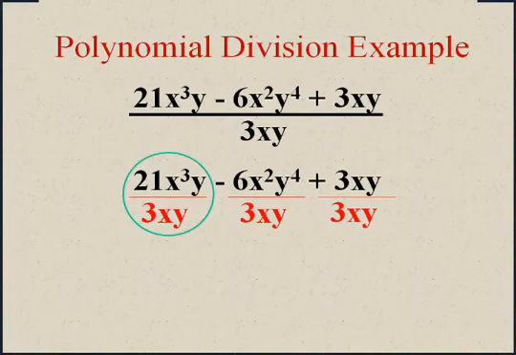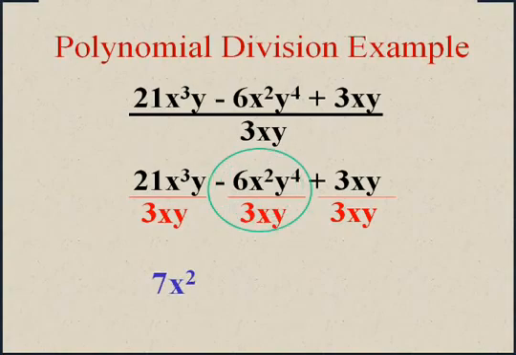X to the third divided by x to the 1th is x to the 2th. And the y's cancel, so I get 7x squared. This one, 6 divided by 3 is 2. X to the second divided by x is x. And y to the 4th divided by y is y to the 3rd. So we end up with negative 2xy to the 3rd.